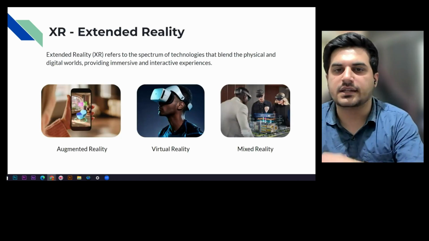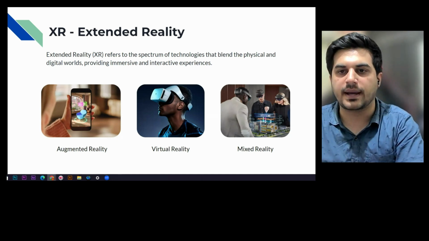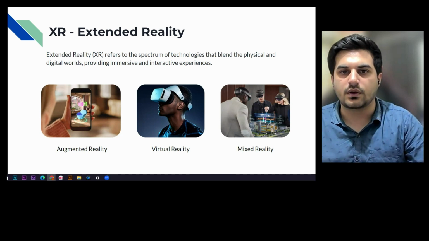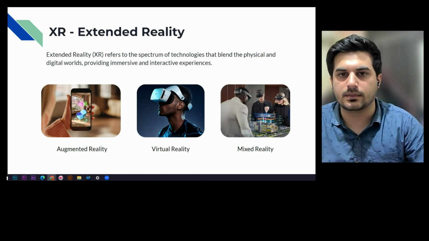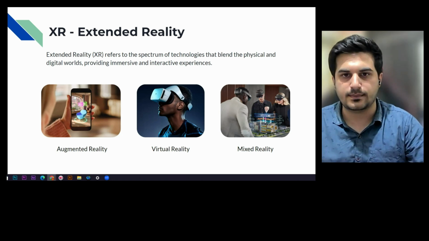XR, that is extended reality, has great potential and can play a significant role in the accessibility space. By leveraging augmented reality, virtual reality, and mixed reality, we can create an exclusive and enhanced environment that can improve the quality of life of people with disability.